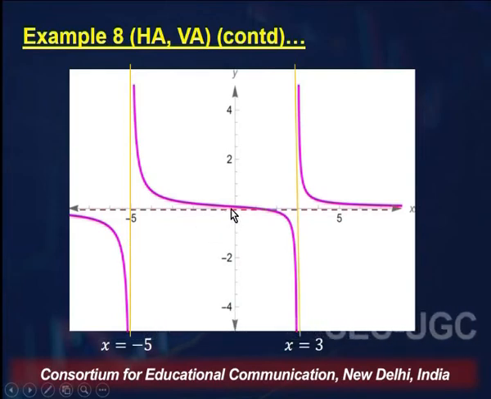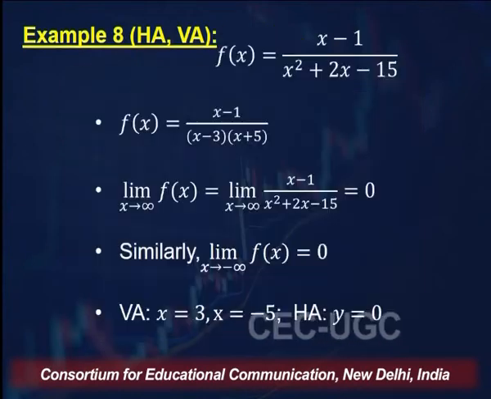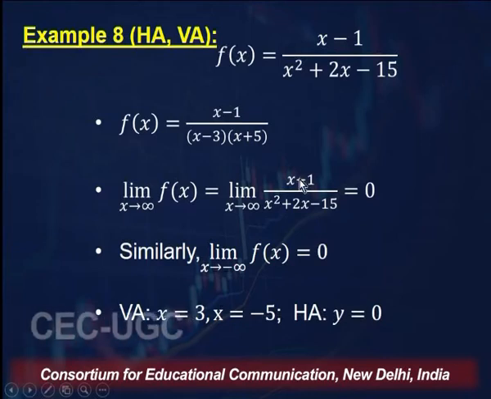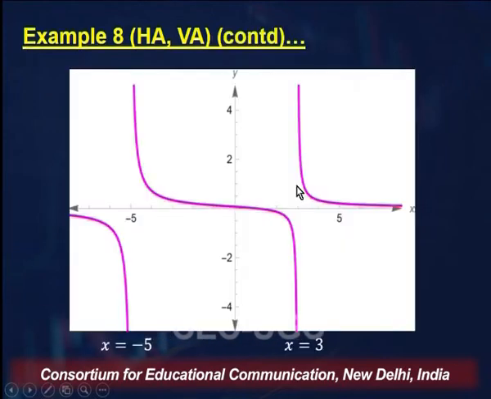Here you can see that there is also a point of intersection between the graph and the horizontal asymptote, and actually let's see. If you go back, you can see what the point of intersection will be, because y is equal to 0. I think it's very obvious what the point of intersection would be.